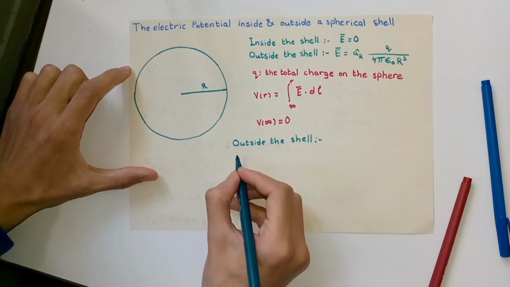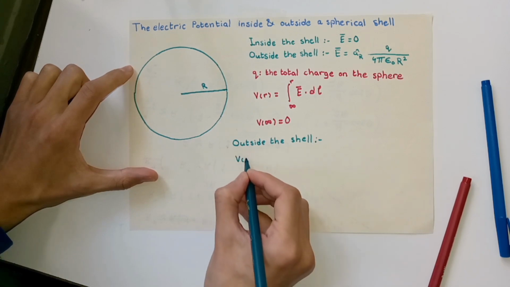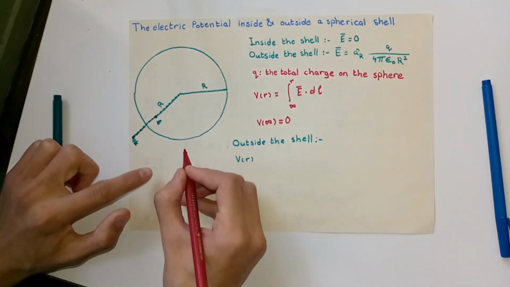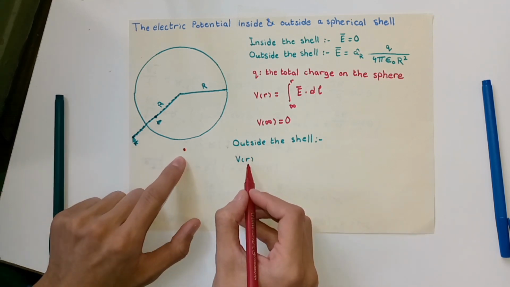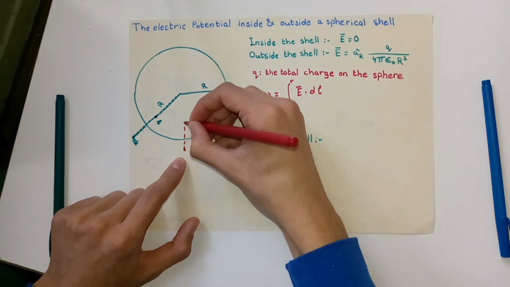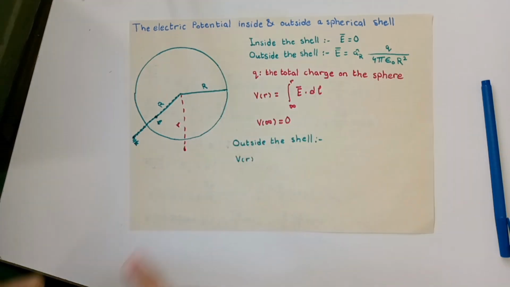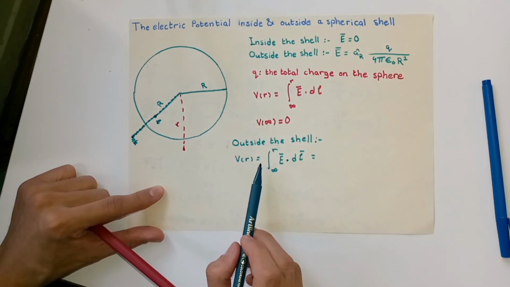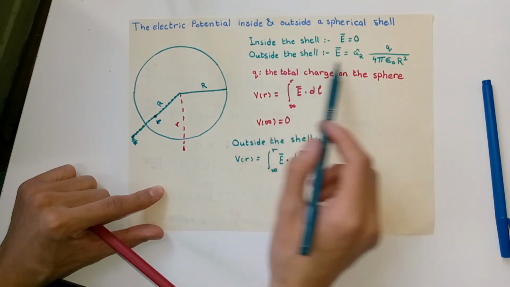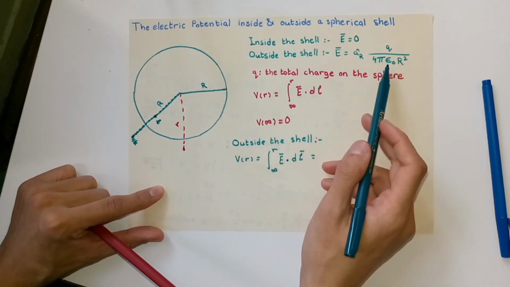Now we will find the electric potential at some point r. I will locate the point outside the shell, and as we said, it has the position of r. Now let's complete writing the equation. We said that the electric field outside the shell is calculated using this equation.